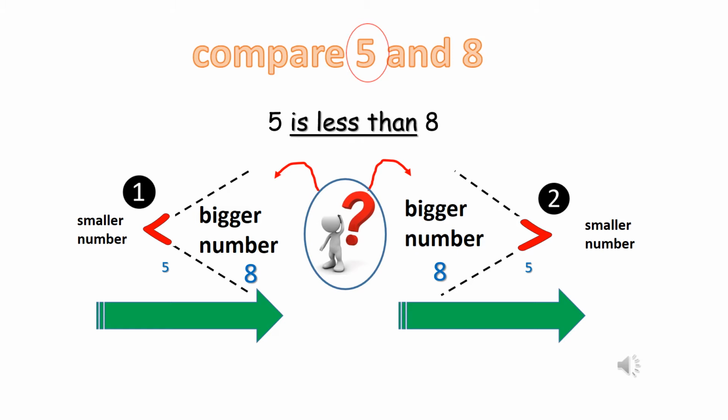The 5 comes before the 8. So does that match the first symbol, which we use when the smaller number comes before the bigger number? Or does that match the second symbol, which we use when the bigger number comes before the smaller number? 5 is less than 8.